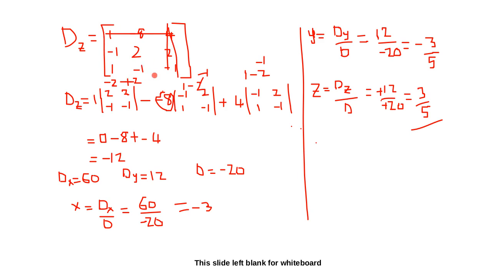You can even use the Cramer's rule to solve a 2 by 2 matrix, because now you'll only have the X column and the Y column. So dx will now be, you just change the elements in the X column alone. dy, you change the elements in the Y column.